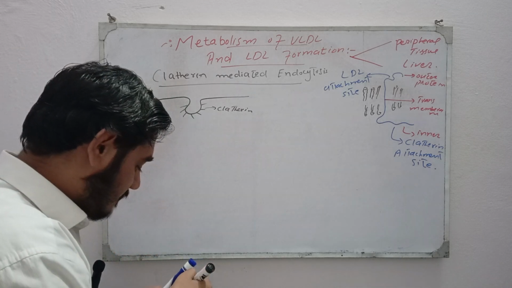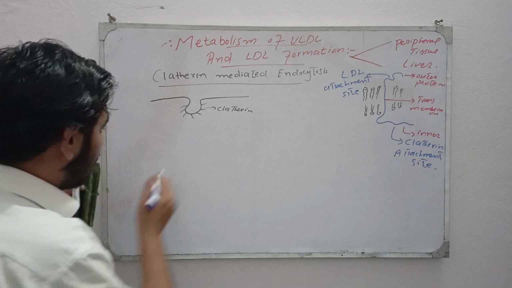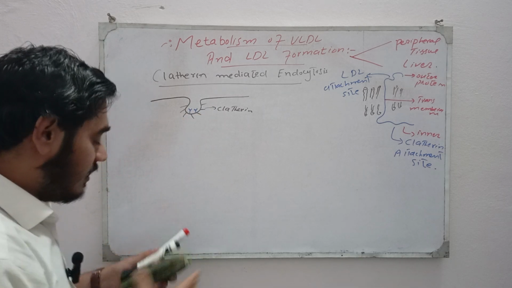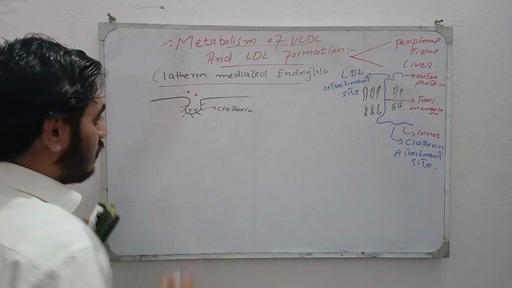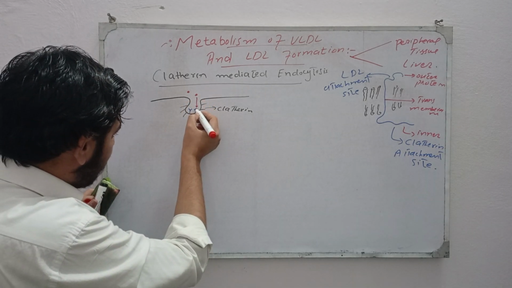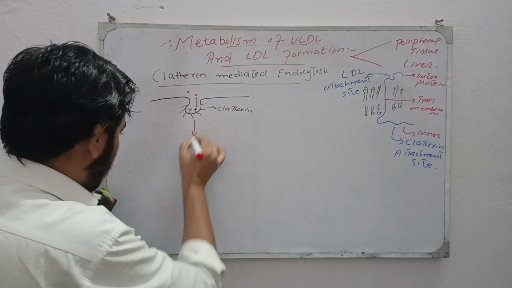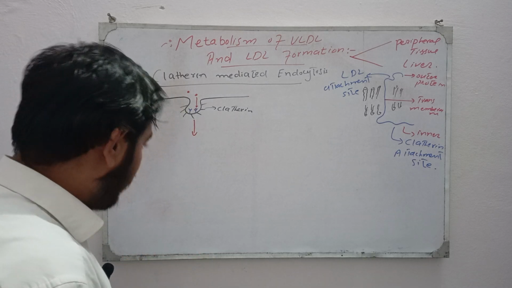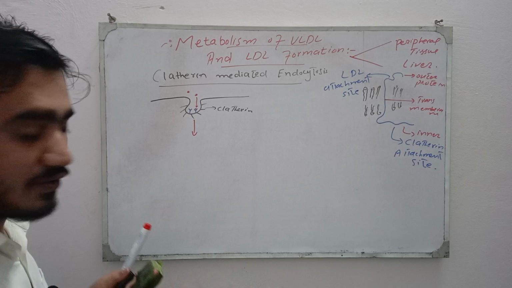And this is the LDL receptor, and this is the LDL particle. What happens is that this LDL particle gets attached with this LDL receptor and forms a complex. In the next step, there is the internalization of Clathrin coated pits with the help of Clathrin.